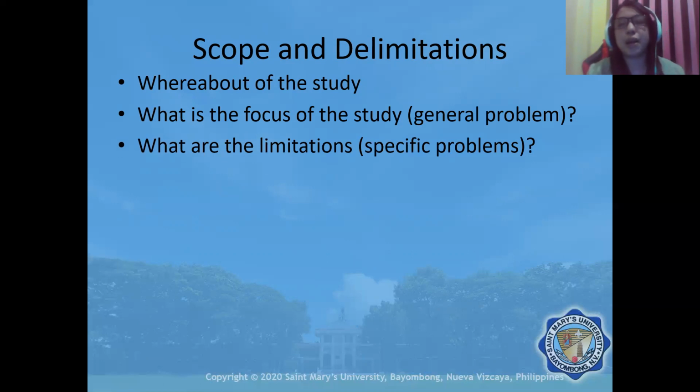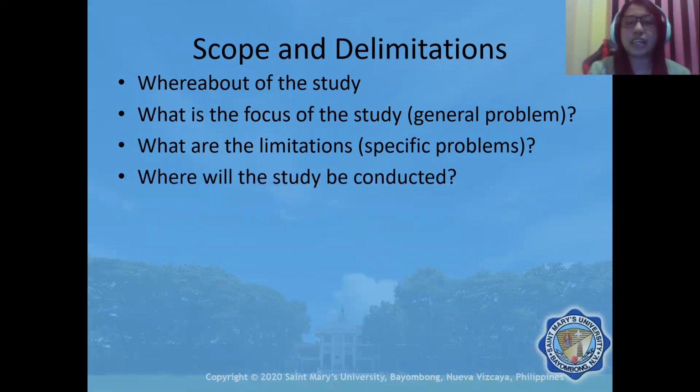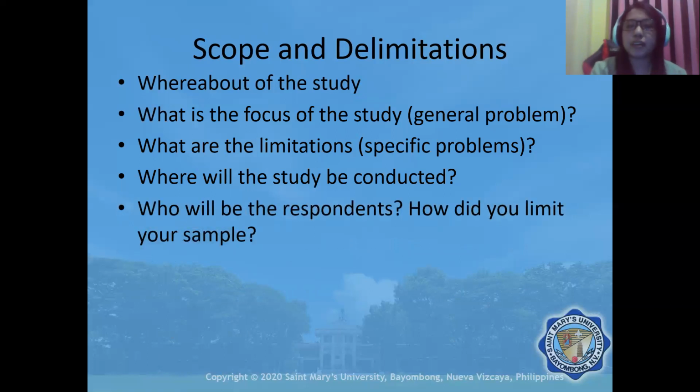It can be done by mentioning the specific problems. The study will be limited only to those specific problems, especially since the general problem is usually very broad, so you have to limit it. And where will the study be conducted, and who will be the respondents?